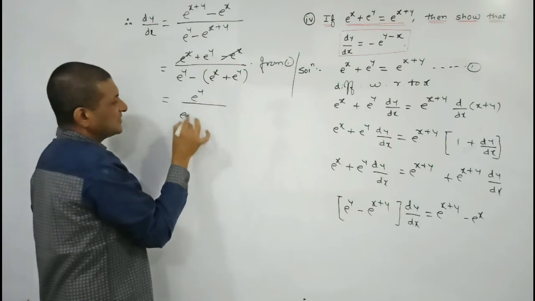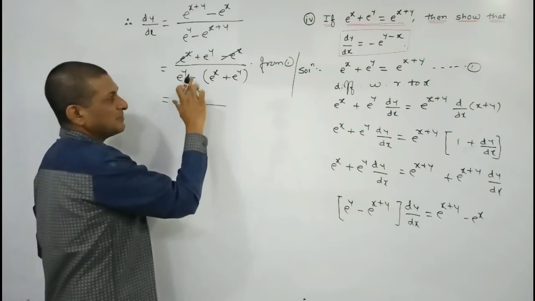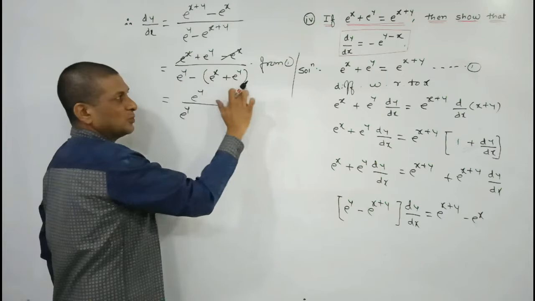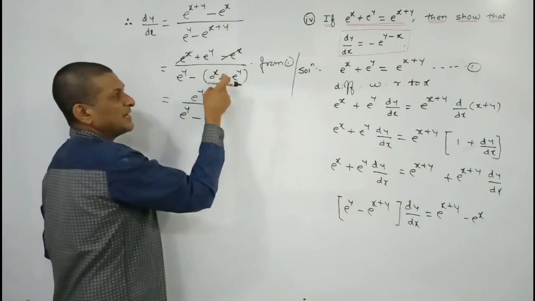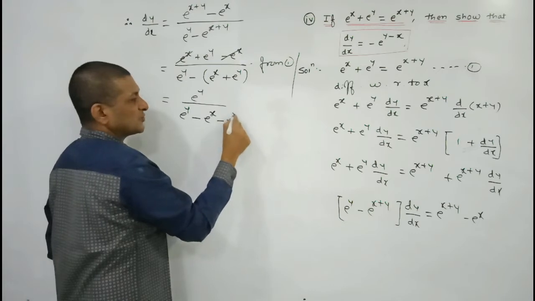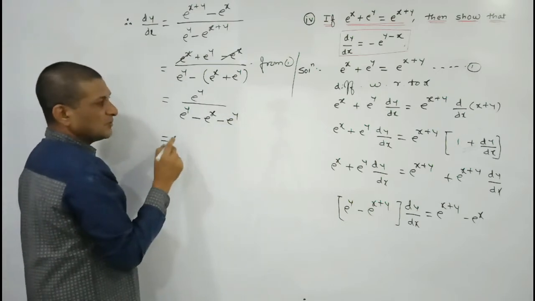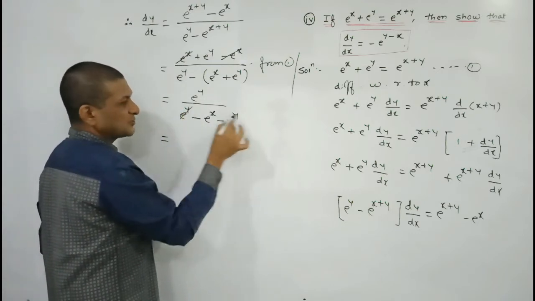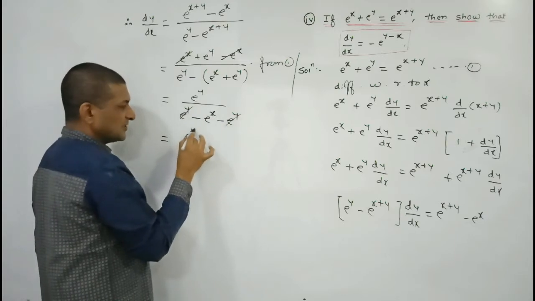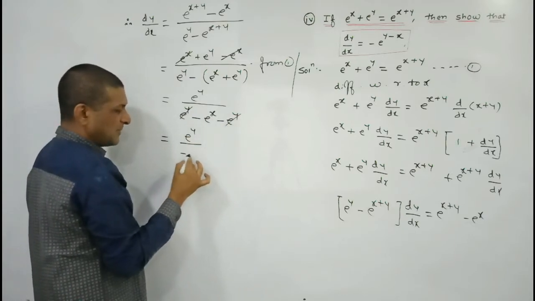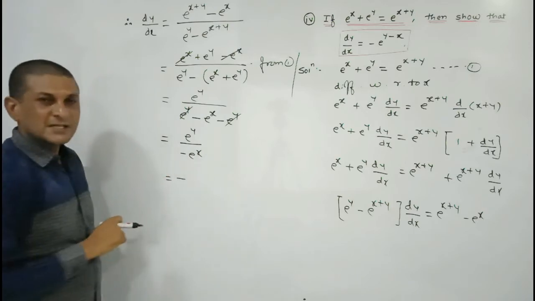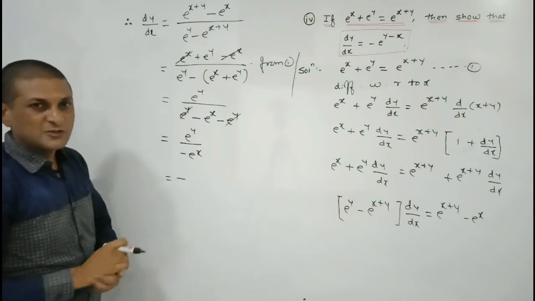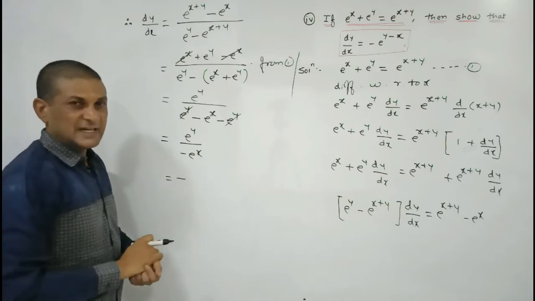In the same way, in the denominator, e raised to power y, keep it as it is, multiply by minus to both the terms in this bracket. So here we will get minus e raised to power x, and minus into plus will be minus e raised to power y. From the denominator these two terms will get cancelled. So e raised to power y upon minus e raised to power x will be the remaining term, minus keep it as it is, and here we are again applying laws of exponent, means laws of indices.